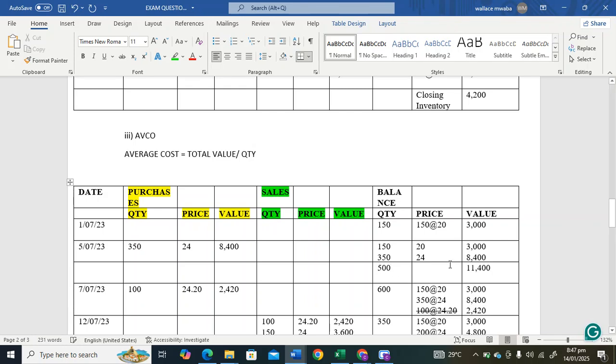So to get our average cost, the total value of the goods, 11,400, divided by 500. So 11,400 divided by 500, what do we get? 22.8. Yes, 22.8 kwacha. Any questions?